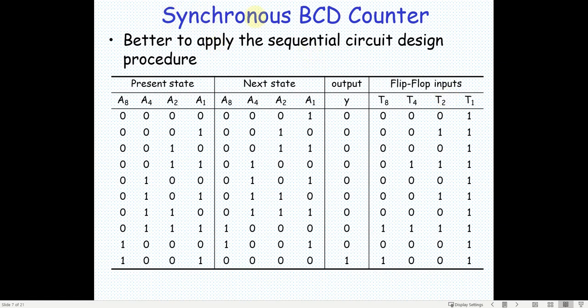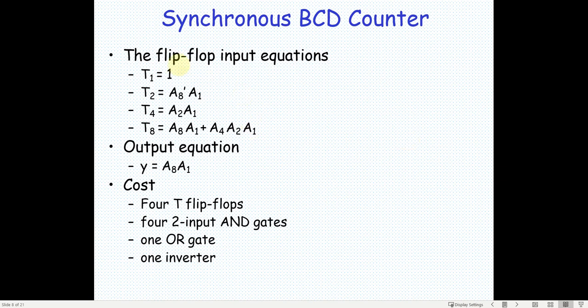Now for a synchronous BCD counter, this is the present state. This is the next state. So what do we do? We are going to use T flip-flops. So you make 1 2 3 4 flip-flops, and then you make a K-map. Because visually, if you are trying to do for such big things, you might make an error. So you can make a next state K-map. If you make a K-map, you will get these values.